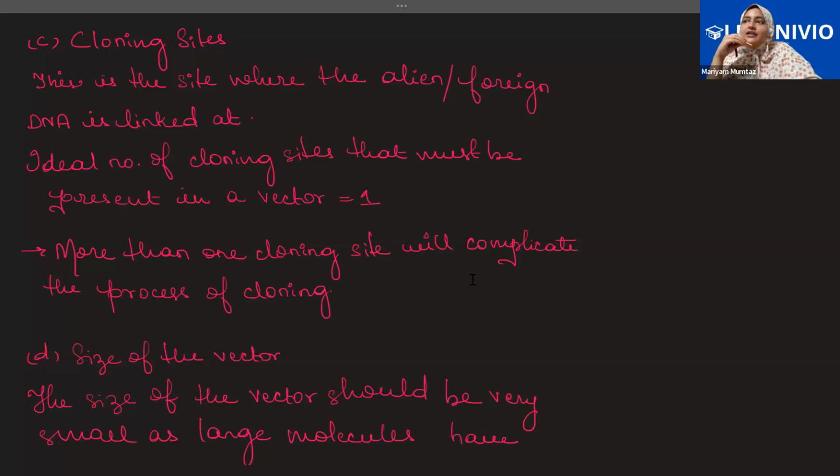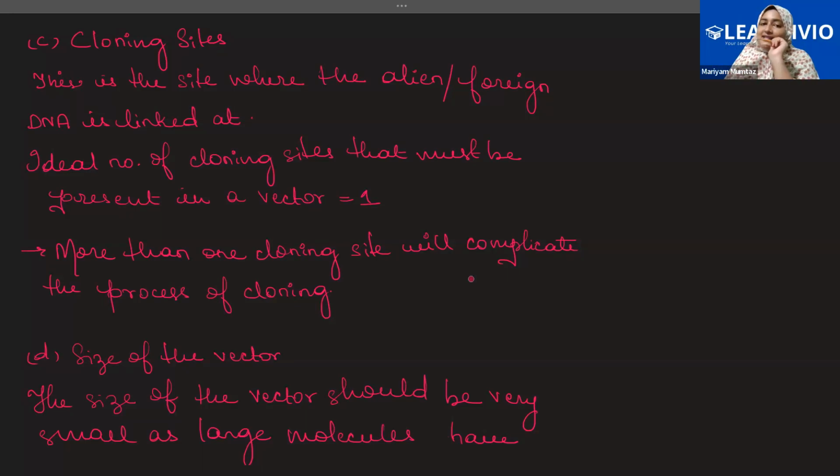So any girl that is buying hair clips or clutches or anything of that sort can only use it if she has hair. If the girl is bald, is it of use to buy any clips? It's not, right? The same thing. If there won't be any site where you'll put the gene, is the vector useful to you? It's not. Where will you put the gene? Because the whole thing is revolving around that only.